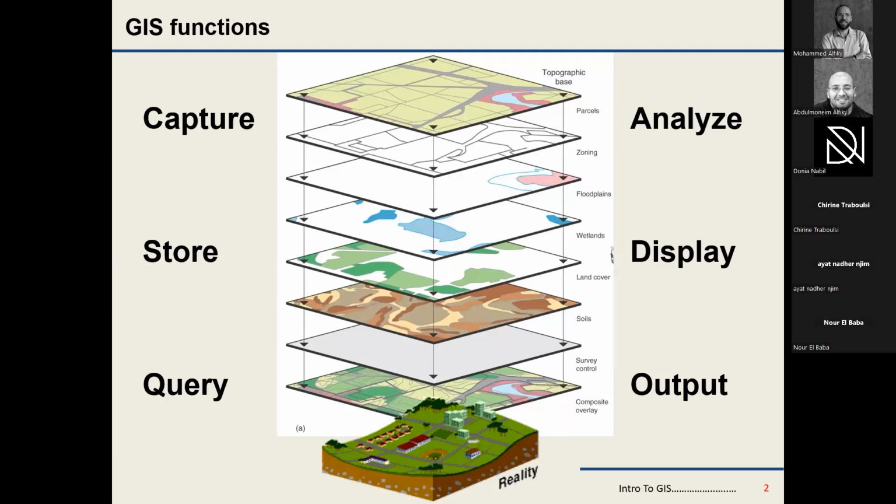If you recall, last time we were talking about the main functions of GIS: capturing, storing, querying, analyzing, and display and output. One of the very important issues that comes to us after gathering all the data is how we're going to store this data. And the decisions we take there will affect a lot of our work later on.